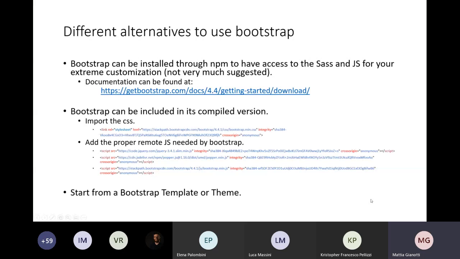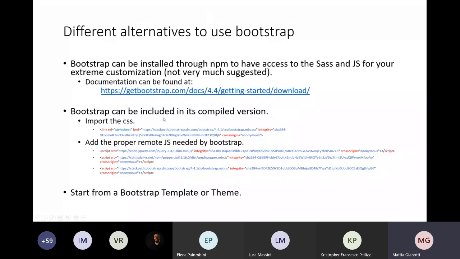So the second alternative is importing it directly from the Bootstrap repository online, so you are sure that you are always linked to the most up-to-date and the most bug-free version of the software.